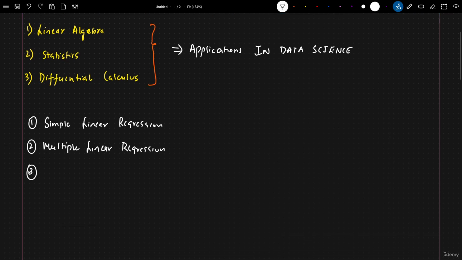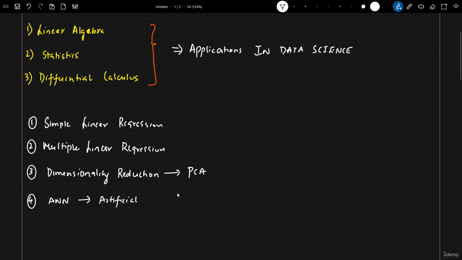Along with this, we will also be talking about an algorithm called dimensionality reduction, for which we specifically use something called PCA. And after covering all these things, we will also see artificial neural networks and how these deep learning models are actually trained, right?